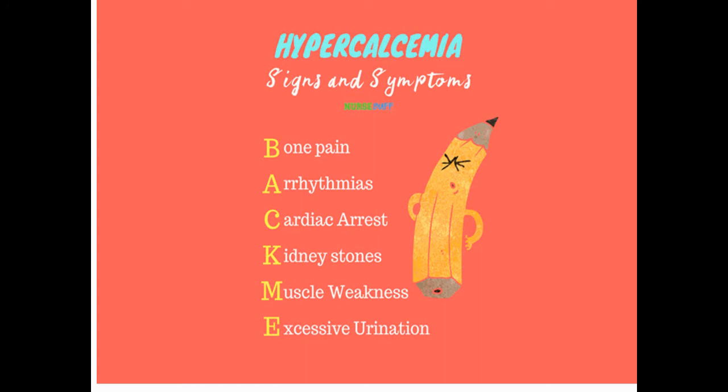If the calcium level is more than the normal level of 9 to 11 milligrams per deciliter, it leads to hypercalcemia. I will not enter into the metabolism now.